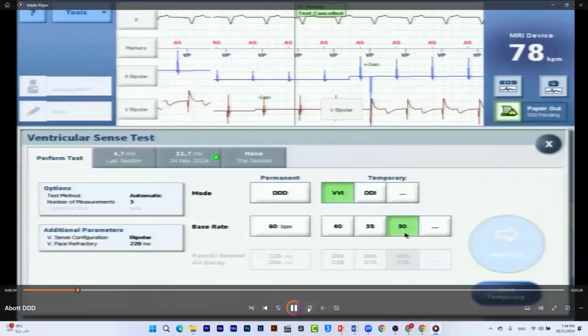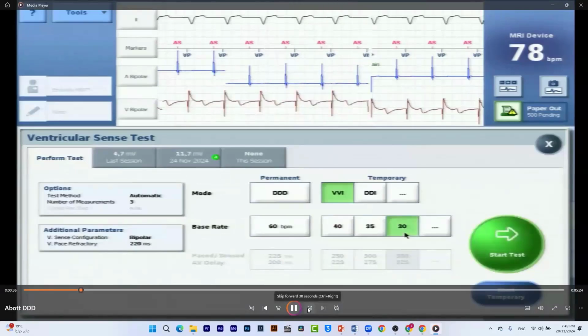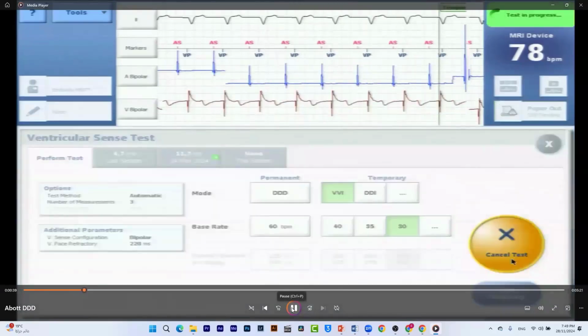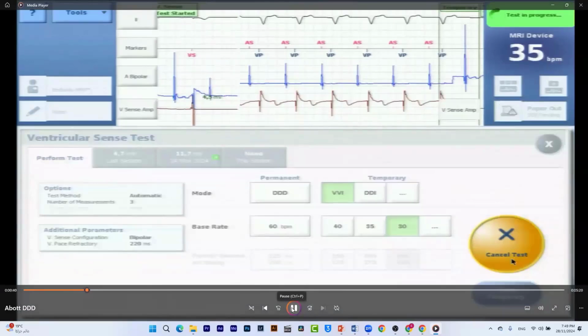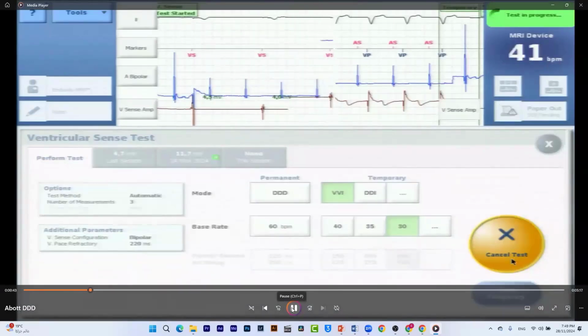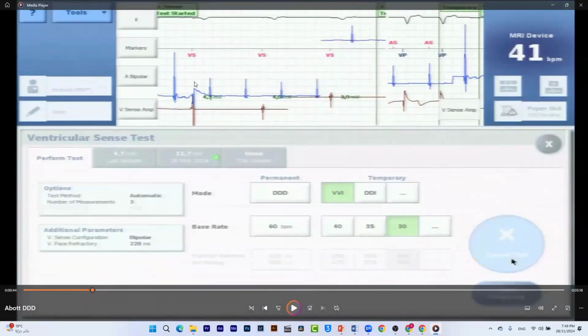So we see the ventricular sensing test. Okay, we check if there is any intrinsic rhythm. Yes, there is intrinsic complete heart block. You see, complete heart block: A more than V, and V is regular at a rate around 41. Okay, and here 4.5 millivolt in the ventricle.